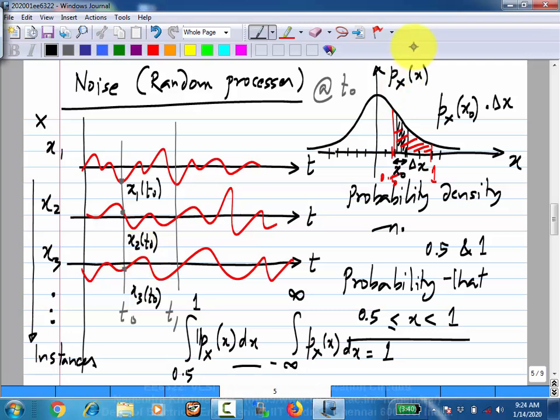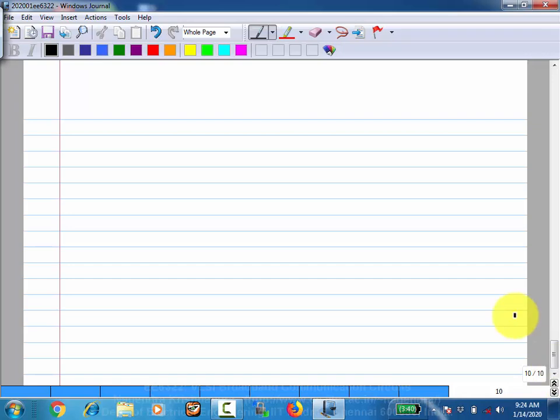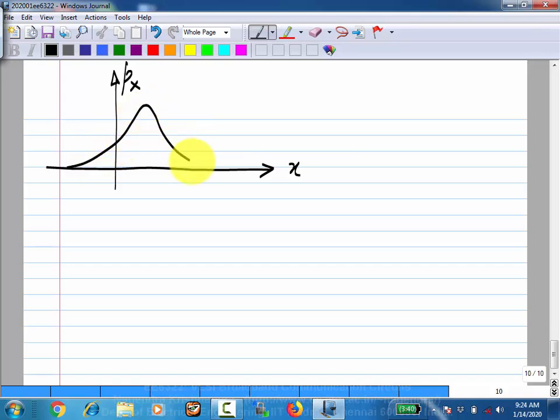You will have some probability density function, and it will have some shape like this. So this, as you know, is the sort of average value.